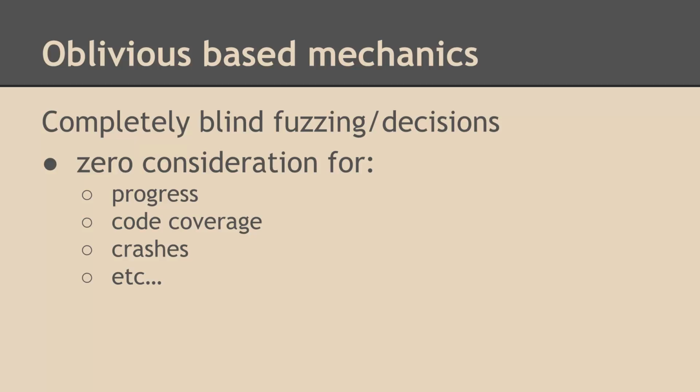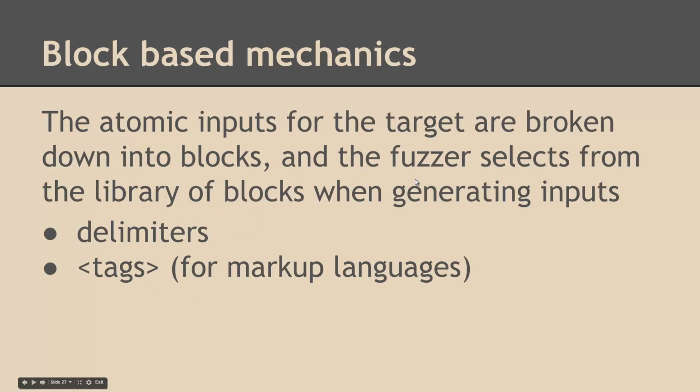There's zero consideration for progress, code coverage, or what may solve the constraints better. You can still use random mutation in a smart manner, but if you do it without any consideration for these, this is considered oblivious or blind.